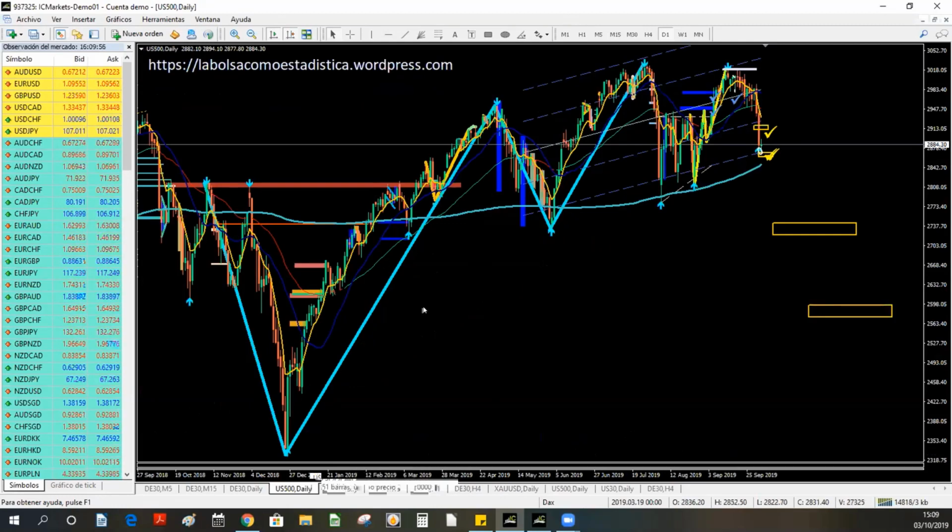When I was studying, I wasn't very comfortable going with the trend because I always entered late. I didn't have the ability to go with the trend with good entries. So I prefer movements against the trend, which are faster than trend movements, and that's why I studied wolf waves.